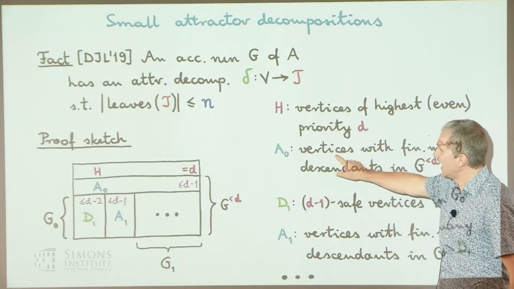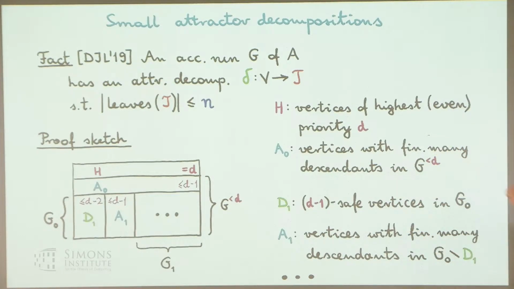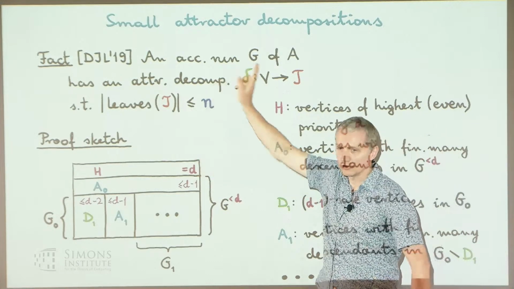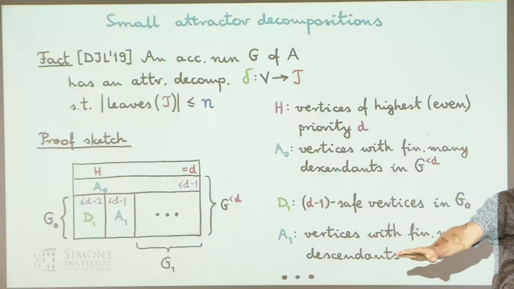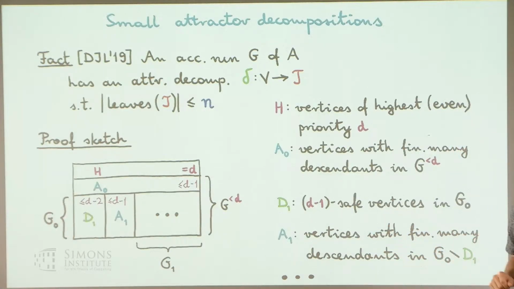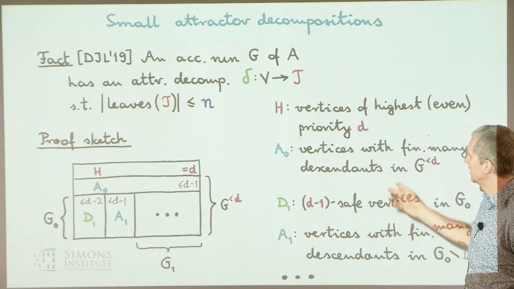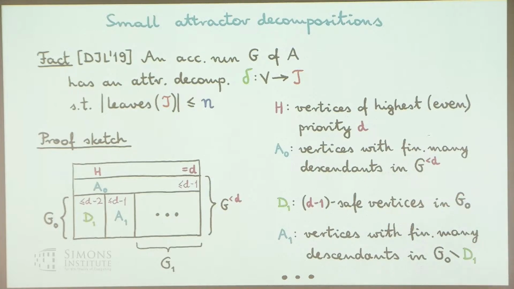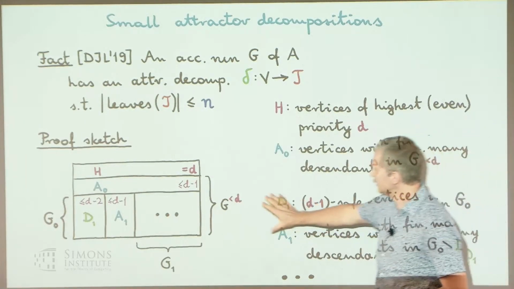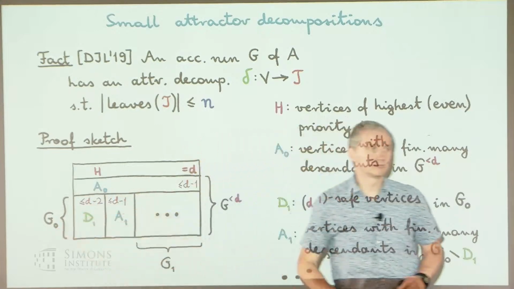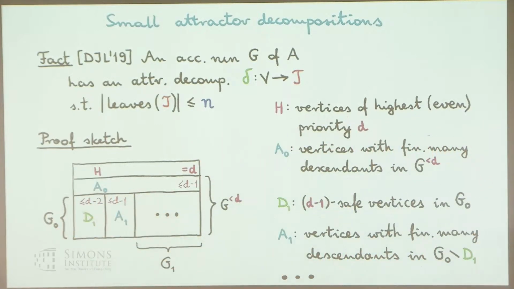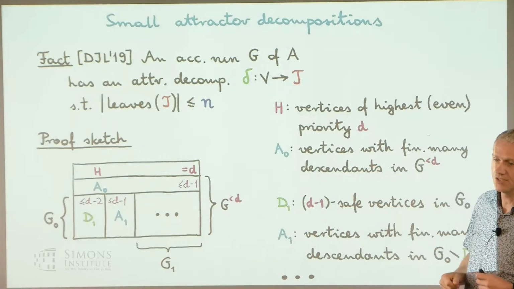Now let A0 be the set of vertices that have finitely many descendants in the graph without H. That's exactly the kind of argument that Moshe and Orna used. I claim this is the attractor, the top attractor. Okay. Now note that in the rest of the graph, which I call G0, every vertex has at least one successor, right? Because if it has none, then it would be in A0.